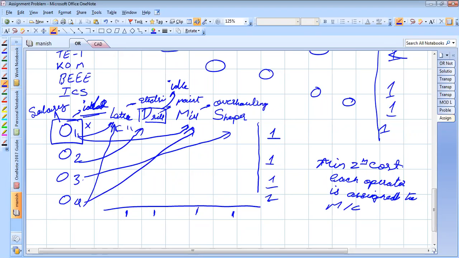If a machine is idle, then your production is at a lower level. So production is also less, isn't it? That will hamper your cost of production. Is it clear now? Did you get the feel of what we are interested in doing for the assignment problem? Students, is it clear?